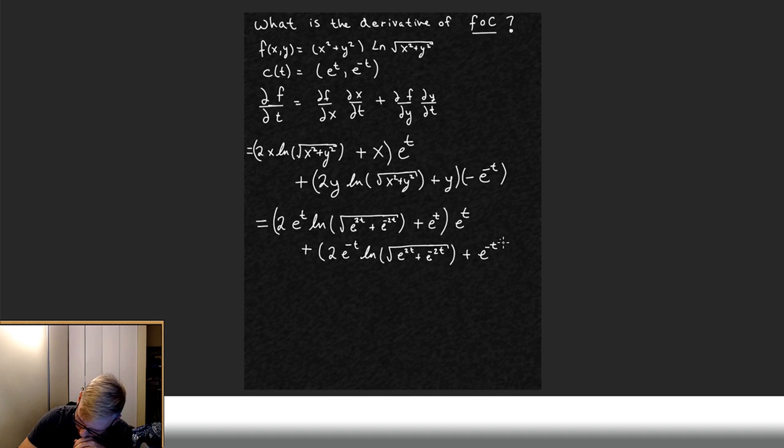And then close it, and then we multiply by e to the t. How many lines do we have left? One, two, and then maybe three. Can we simplify it down?